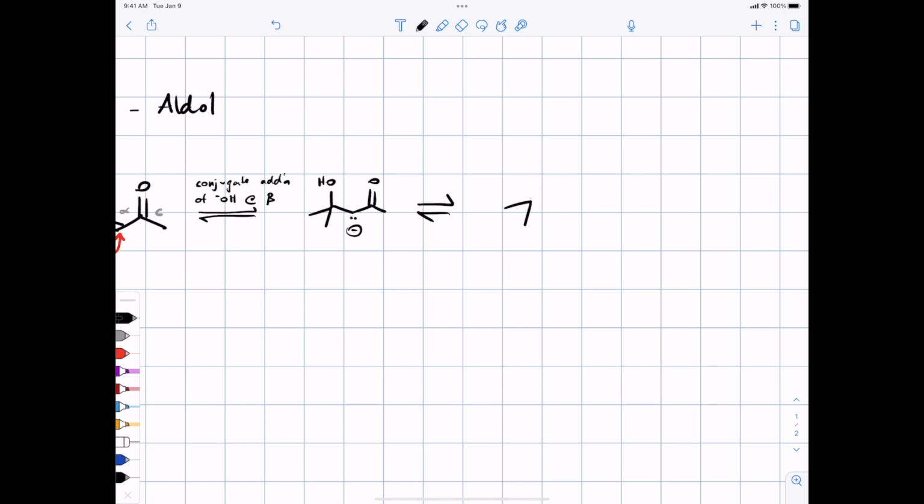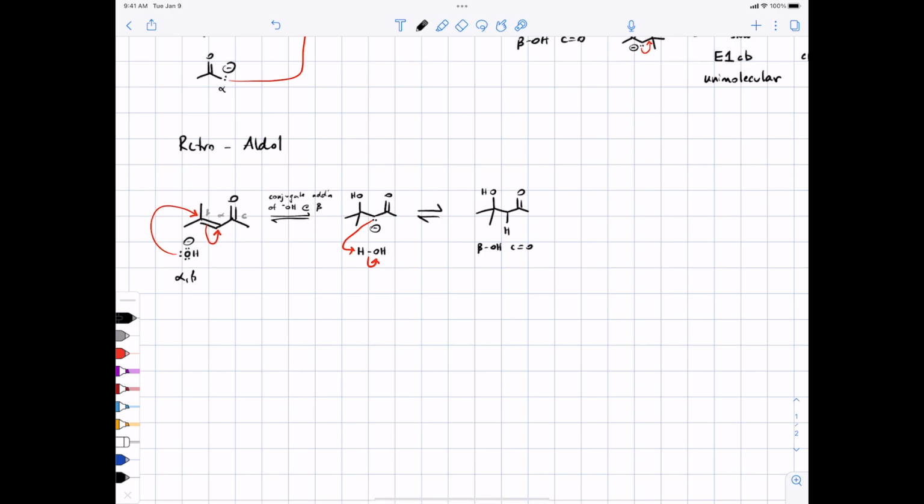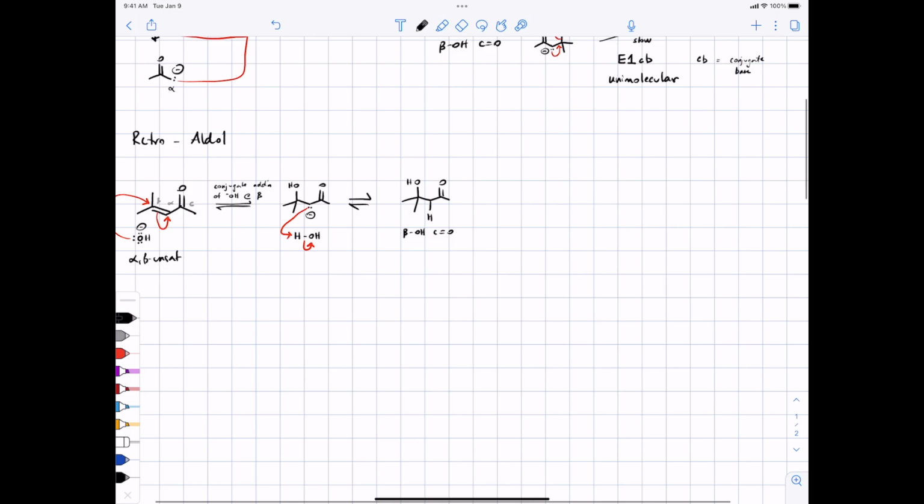So to get from there to here, we simply need to use water as an acid, and that will get us to the beta hydroxy carbonyl compound. So that's backwards from the alpha beta unsaturated carbonyl compound to the beta hydroxy carbonyl compound.